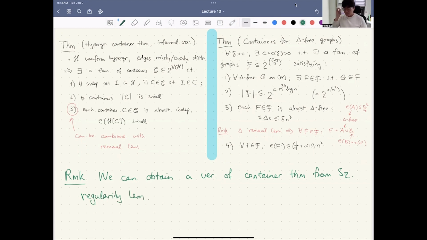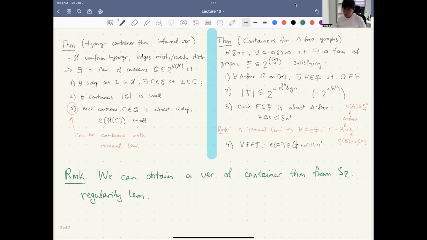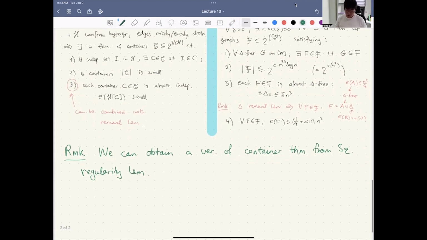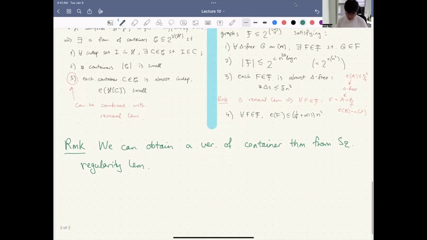What does this mean? What this means is that we want to contain every triangle-free graph on n vertices. So here's the process, how we can construct the collection of containers using the regularity lemma. You fix a triangle-free graph on n vertices.